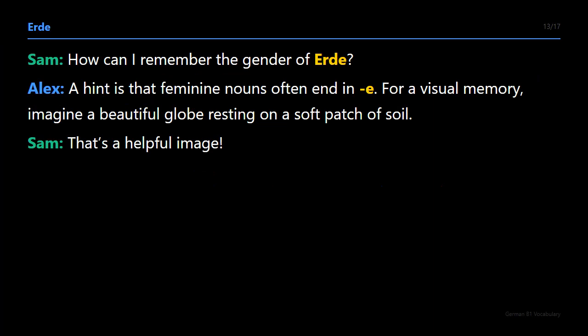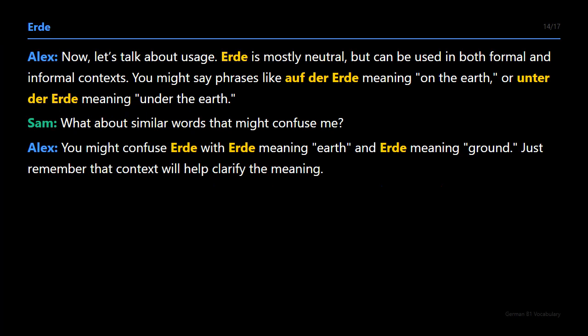That's a helpful image. Now, let's talk about usage. Erde is mostly neutral, but can be used in both formal and informal contexts. You might say phrases like, Auf der Erde, meaning on the earth, or Unter der Erde, meaning under the earth.